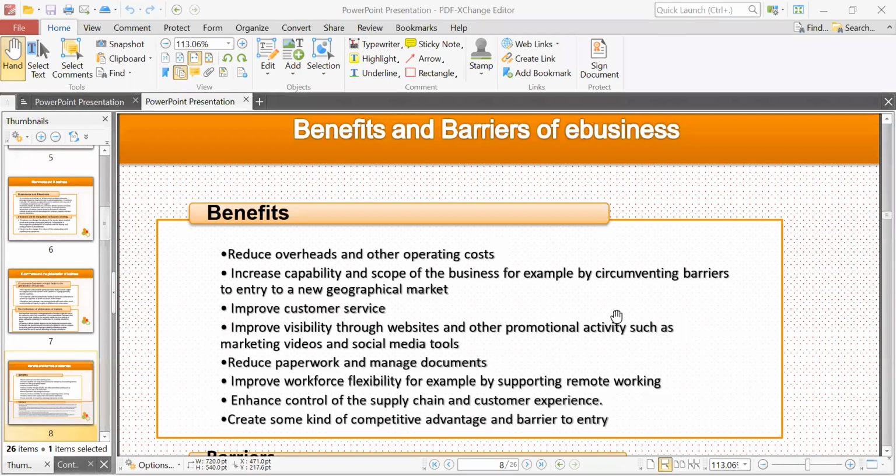For example, I could order a product from, let's say, China through an online business, and I'm told it will come within 2 months, when I can equally walk to a Ghanaian shop and get it at the same time. So the delivery time becomes an issue when it comes to e-business.